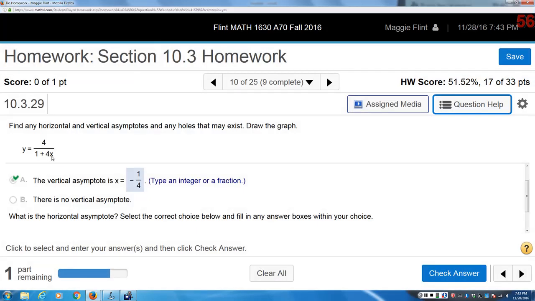If you let x get really, really big, what does 4 times really, really big get? 4 times as big is really big, right? Does adding 1 to it change that much? So when x gets really big, what happens to the quantity 4x plus 1? It gets huge. What happens to 4 if you divide it by bigger and bigger numbers?